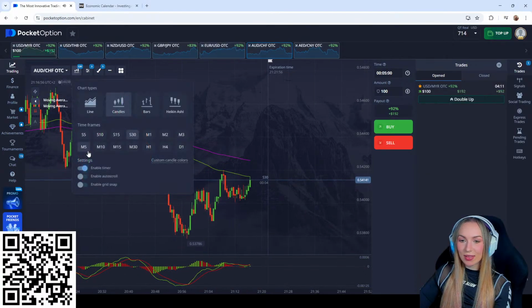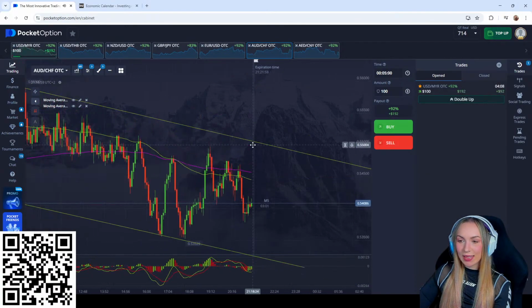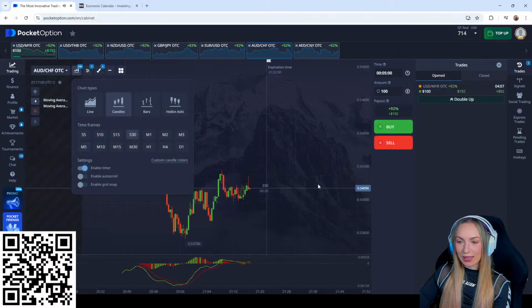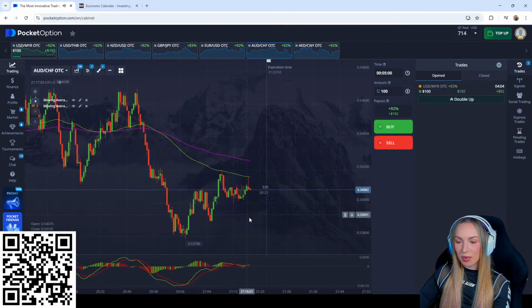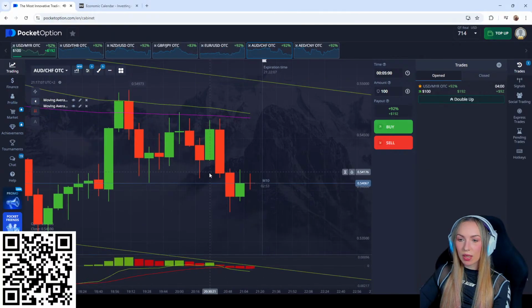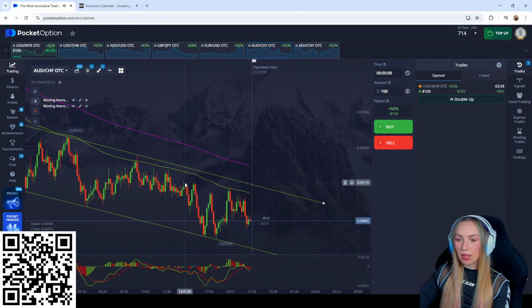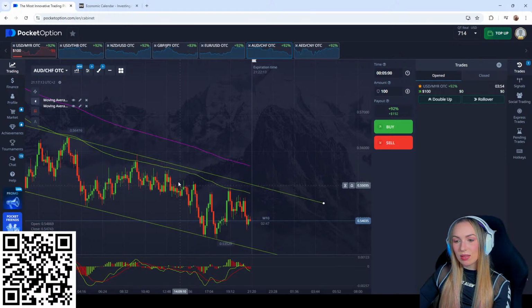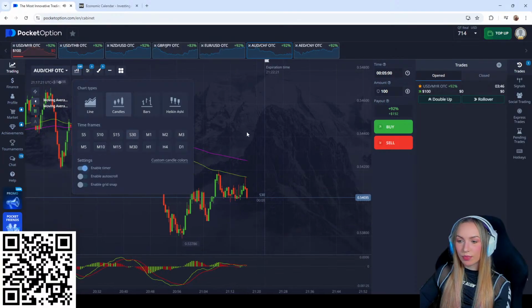So let's continue analyzing the charts. Actually, maybe here we can open the trade in the downward direction, because as you remember, AUD chip is moving in the downward channel. Though here it was moving kind of slowly and wanted to break the resistance, but now finally it went up, so I believe that it will continue going down.